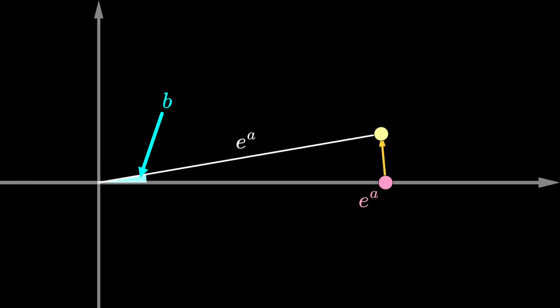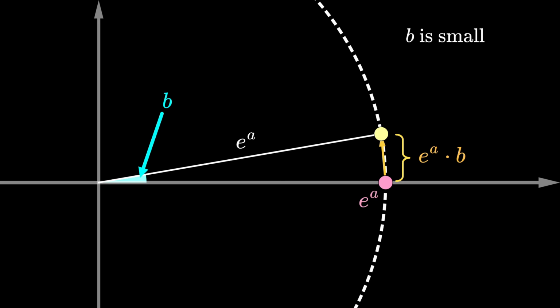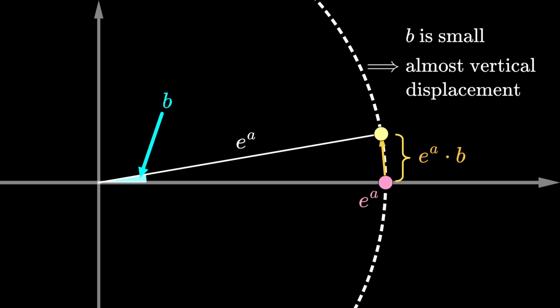Since the point after transformation lies on the big circular arc with radius e to the a and subtends an angle of b, the new displacement is e to the a times b. Again, since we started with a small b, the displacement here is almost vertically up.